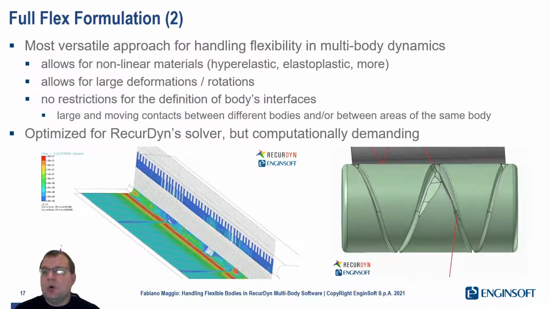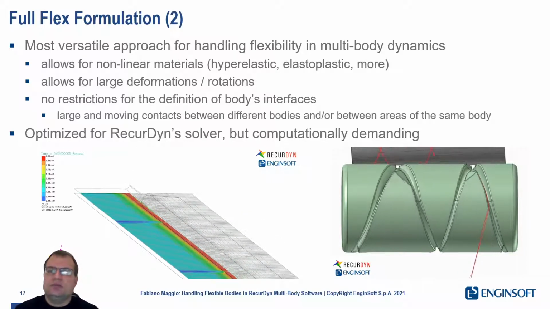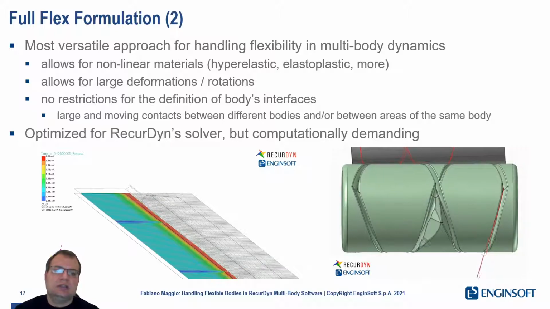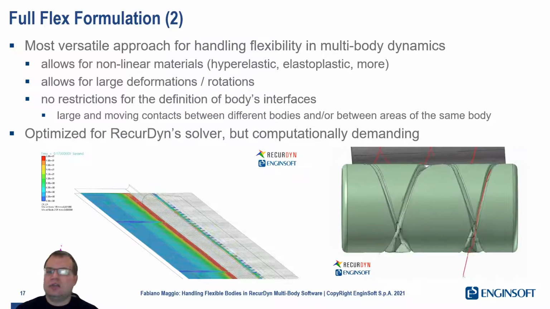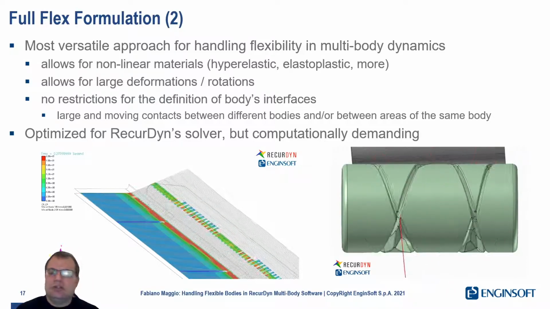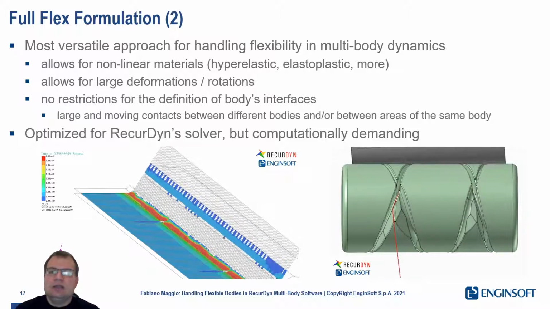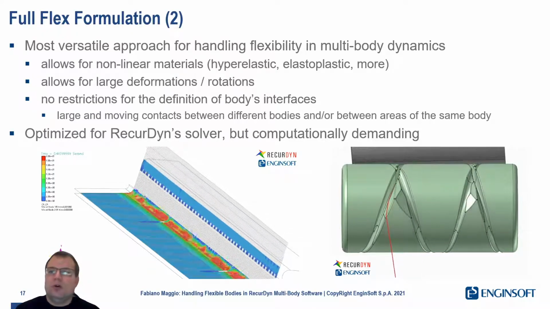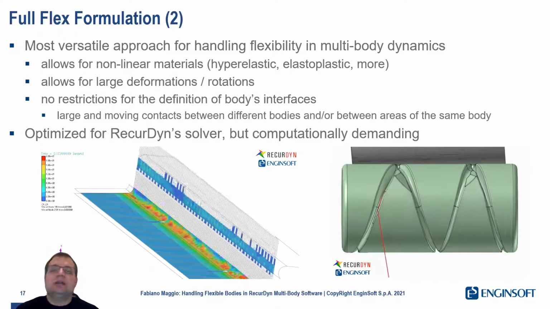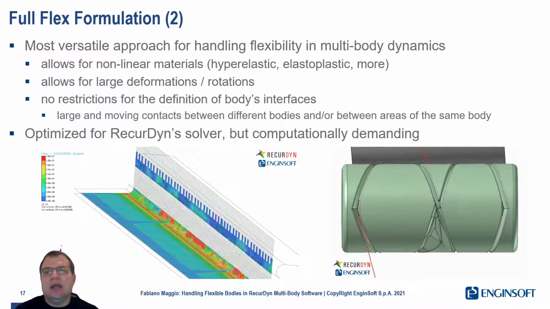There is no restriction for bodies interfaces. This means that you can have contacts extending as much as you want. This means that you can apply joints and forces involving how many nodes you like. So you can do really whatever you want. In this area, RecurDyn is in competition even with the explicit finite element solvers.